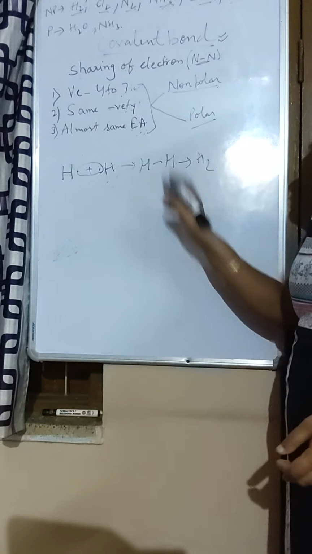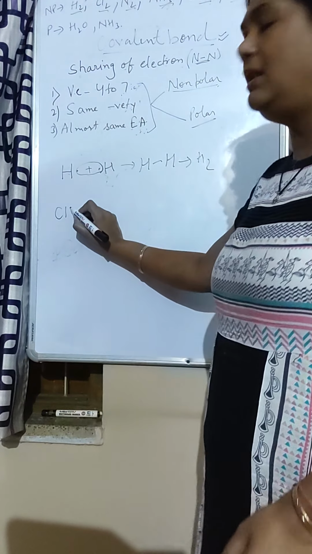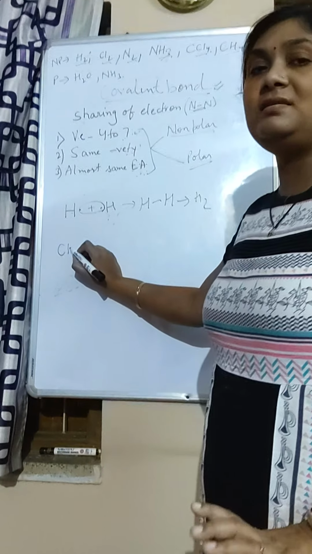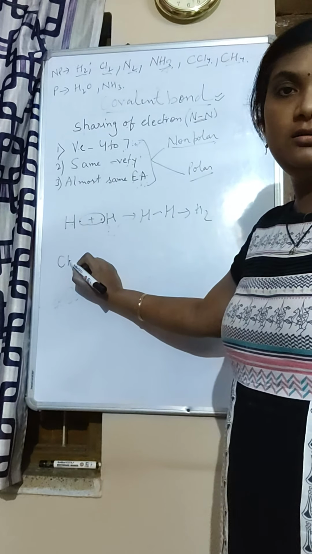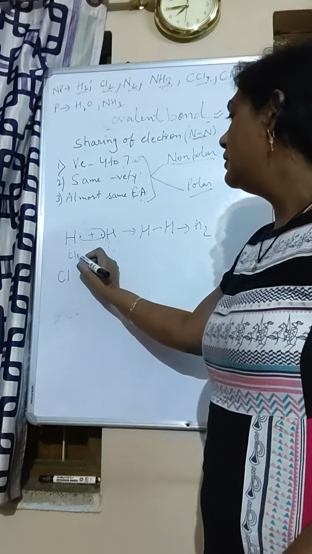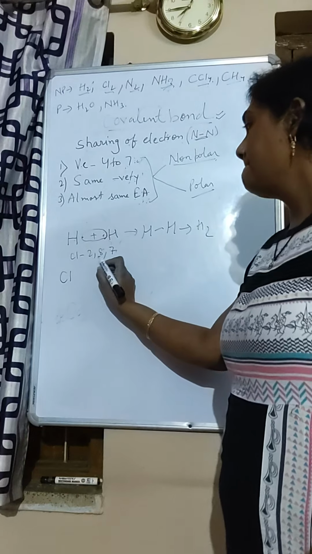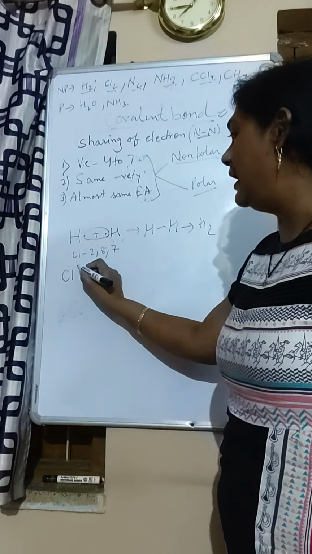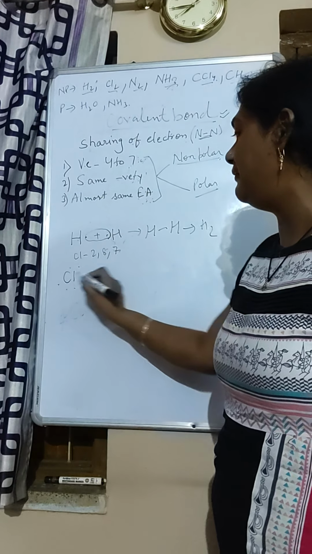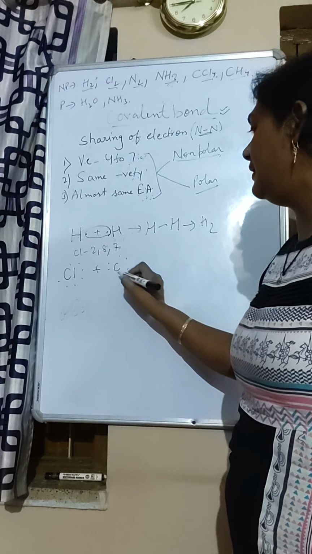Now chlorine. Chlorine has 7 in the outermost shell. We know atomic mass and atomic number till 20 and 40, so you should know these things. Chlorine is 2, 8, 7, atomic number 17. So one chlorine has 7 electrons, and another chlorine also has 7.